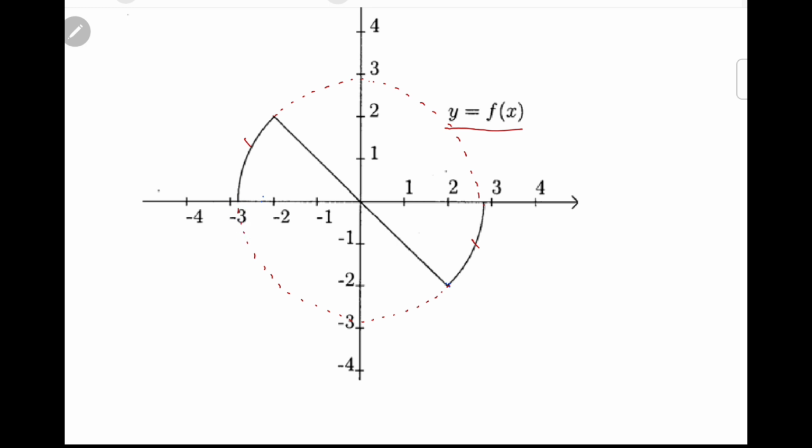All right, and so we have piece number 1, piece number 2, and then piece number 3, which is a linear function and can be easily found.